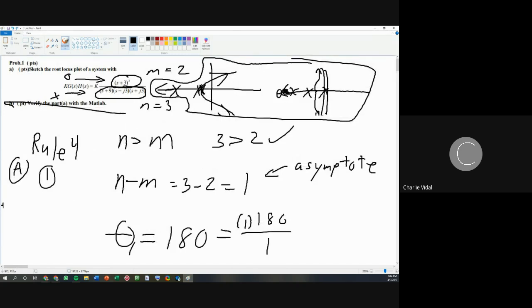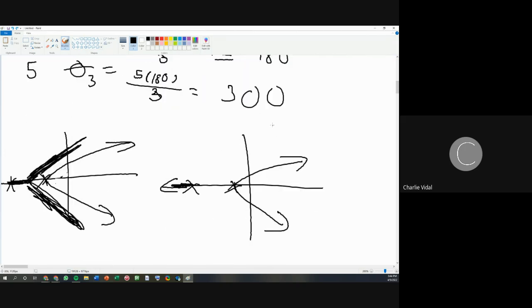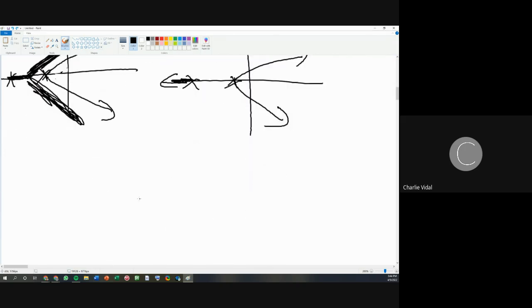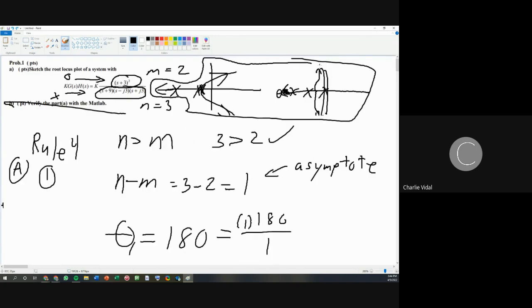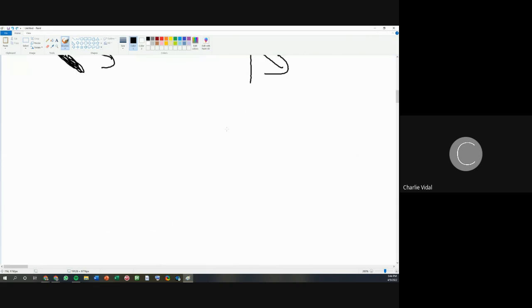As for this one, you can see there are three x's and one o. There's one o, so n minus m is equal to 3 minus 1. That is equal to 2. You find theta 1, and then you find theta 2.